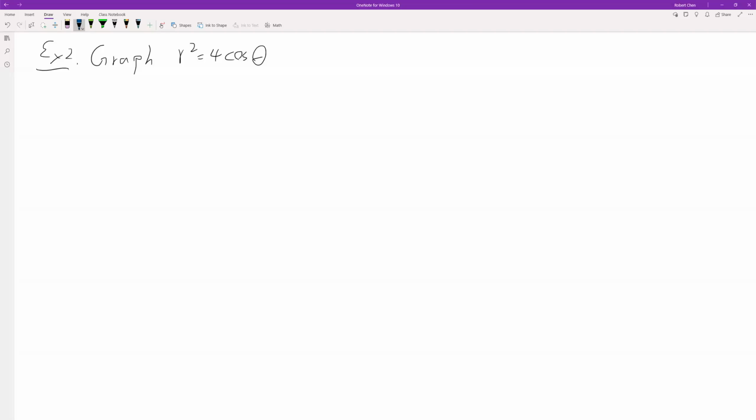Example 2, we're looking at r squared is equal to 4 cosine theta. So first things first, we still want to check for any symmetry, right? So suppose (r, theta) is on the graph. Then we can start with r squared equals 4 cosine theta.